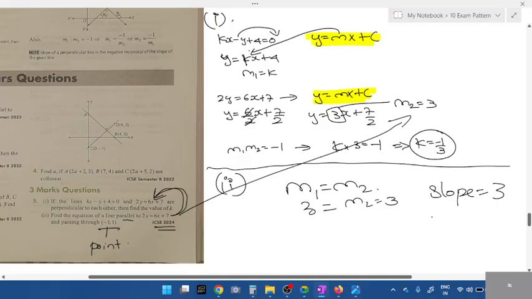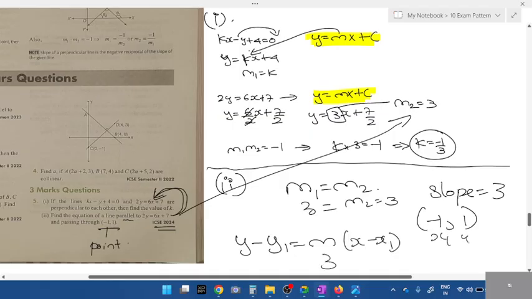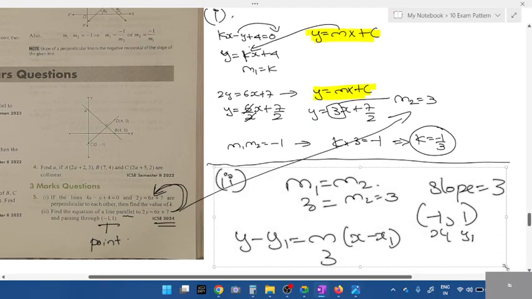Slope value is 3, and what is that point? Minus 1 comma 1. One slope and 1 point. What is the formula for one slope and 1 point? Y minus y1 is equal. That's it. This slope you take it as 3. Take this as x1, y1. First go through whatever I've written, then you can make a note. 3 marks question.